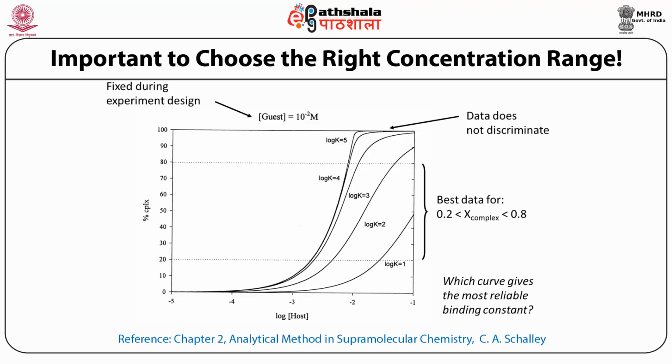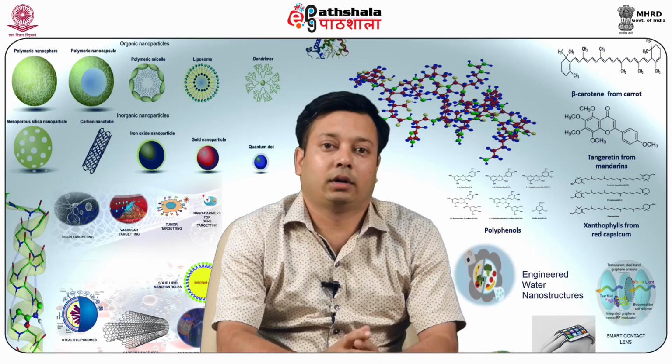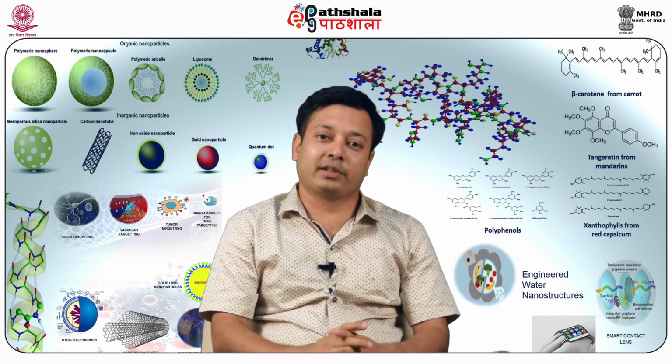The best data is where you can see the inflection point and the change of the curve shape, so you can find out the difference between binding constants. So ideally, between 20% complexation and 80% complexation, if you can tune your concentration regime, then you get the best data.